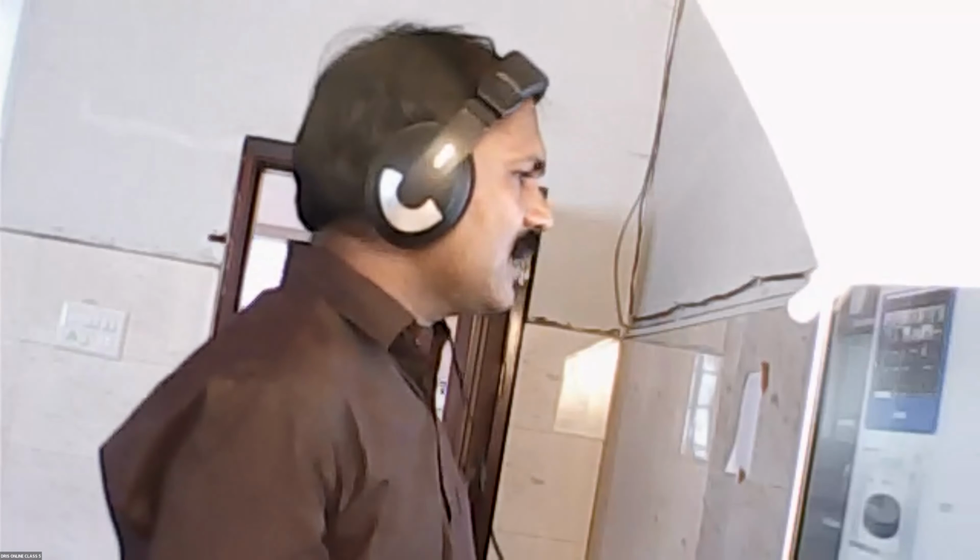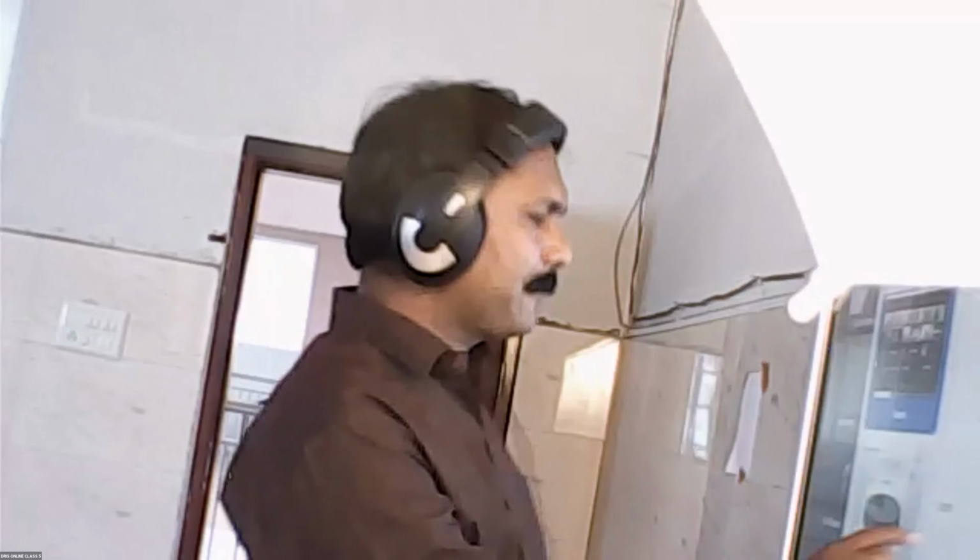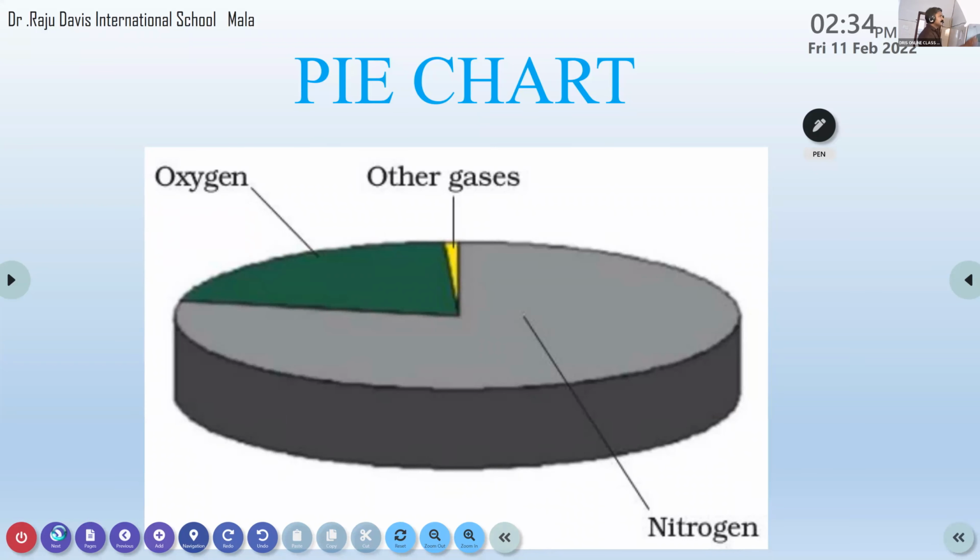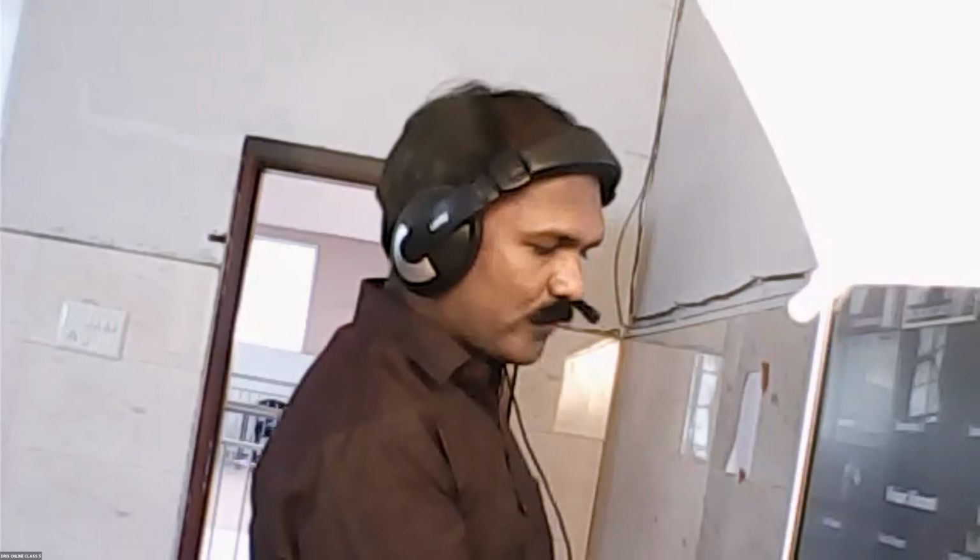A type of graph that represents the data in circular graphs. The pieces of the graph are proportional to the fraction of the whole in each category. Yes, that is known as pie chart. So next one we can see.